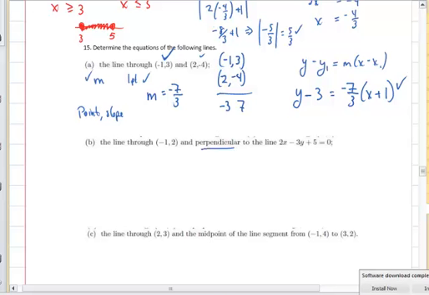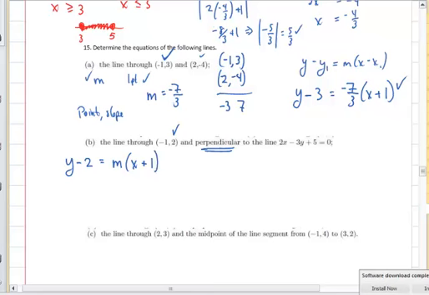The next one says to find an equation perpendicular to this line that's in standard form. So I'm going to set up my equation: y minus y1 is equal to my perpendicular slope times x minus x1.